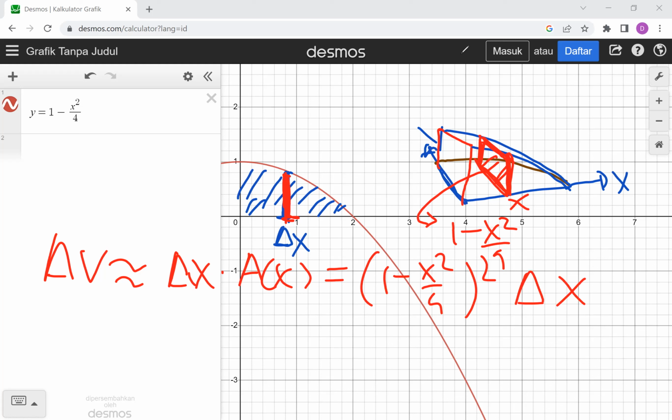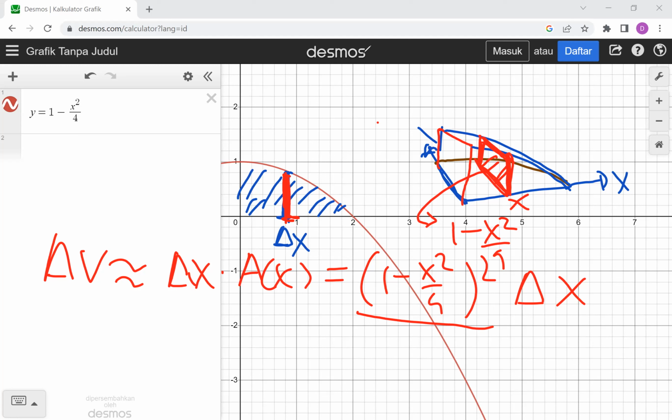Is it clear up to this point? Is it clear? Rumi? Robani? Yes, sir. Somewhat, yes. Do you know why I calculate 1 minus x squared over 4 squared, Rumi?